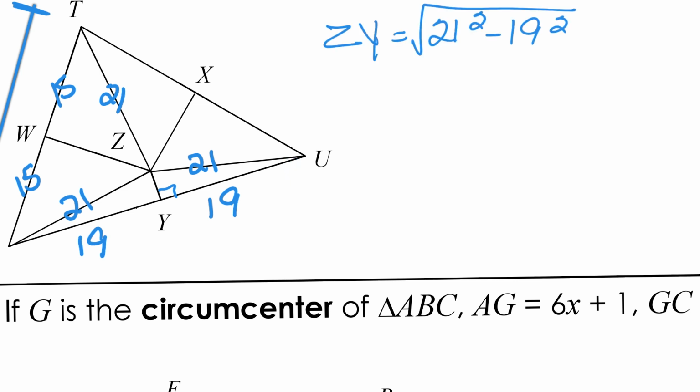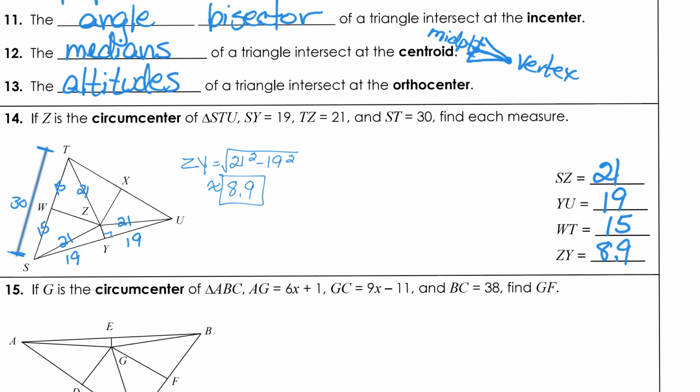So using the Pythagorean theorem, it's going to be the square root of hypotenuse squared minus the leg squared. Our final answer for ZY is going to be 8.9. Just remember that circumcenter deals with the perpendicular bisectors, and it also deals with isosceles triangles.